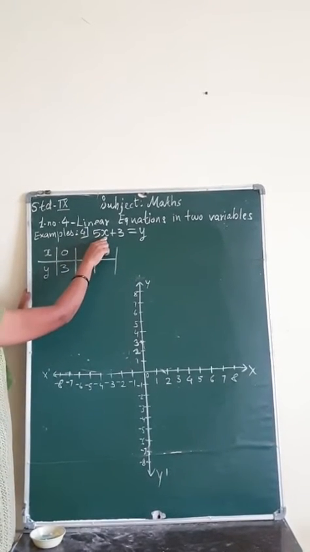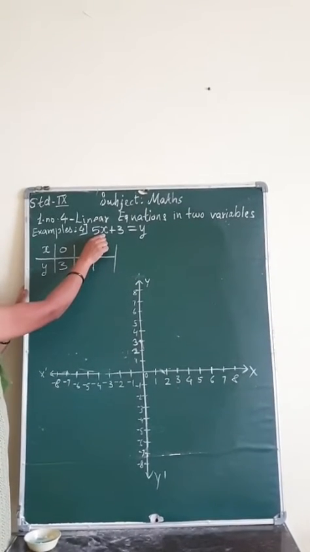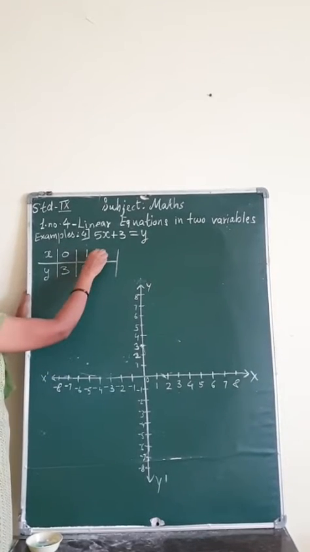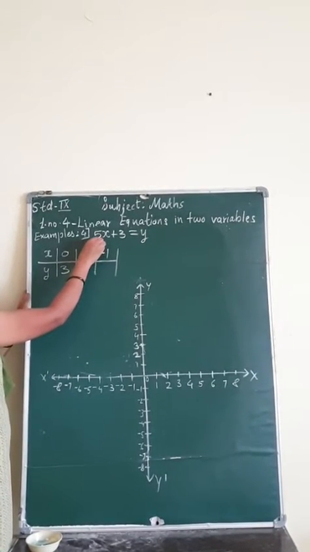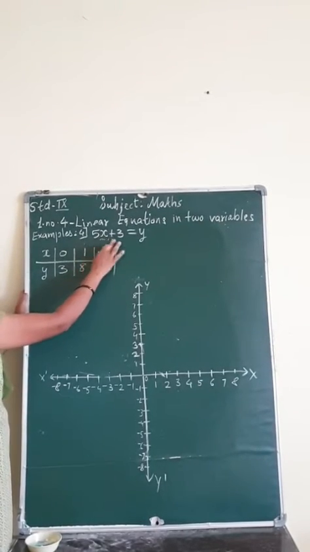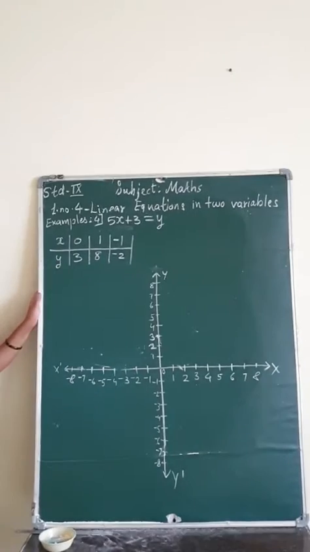If we take x as 1, then 5 into 1 is 5, plus 3 is 8. If we take x as minus 1, then this becomes minus 5 plus 3, which means y is minus 2. So this is how we get these three solutions.